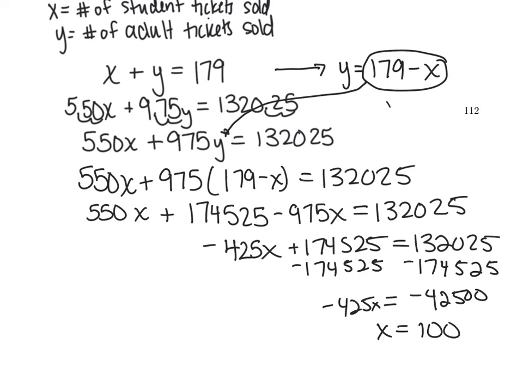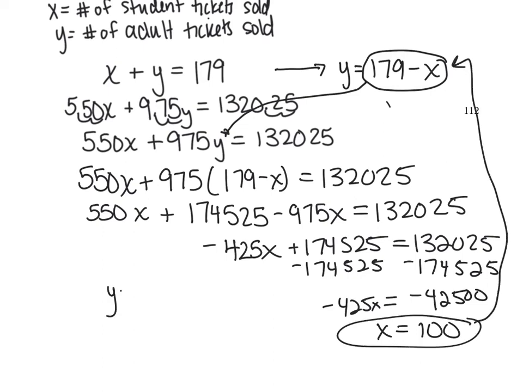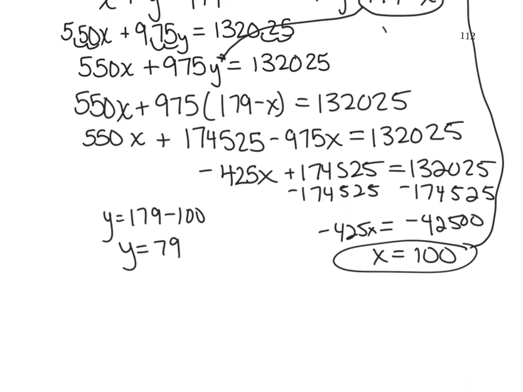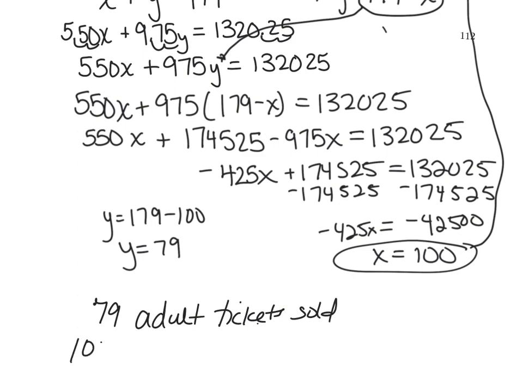So that means that we sold 100 student tickets. So if we sold 100 student tickets, if I plug this in right there, that means I sold 79 adult tickets. So then you want to make sure you summarize your conclusion. So we sold 79 adult tickets, and 100 student tickets were sold.